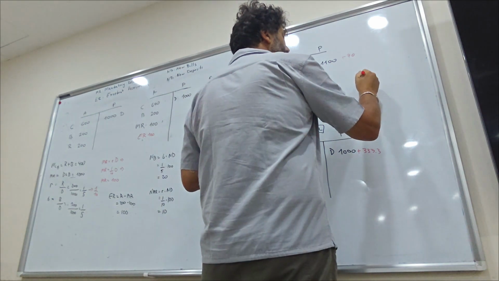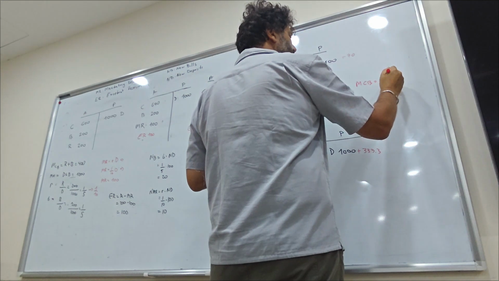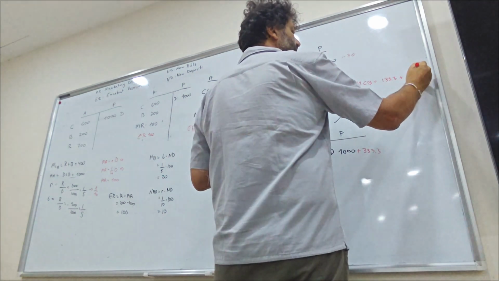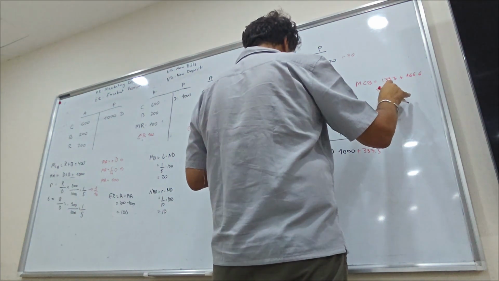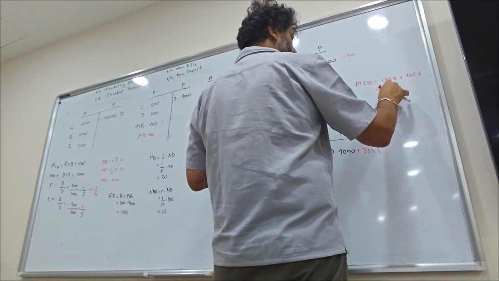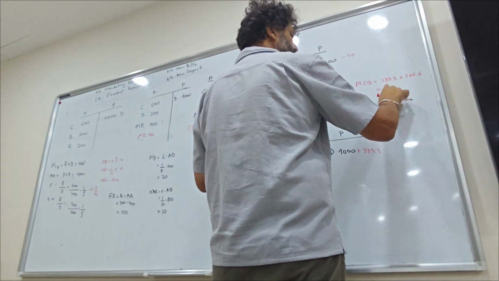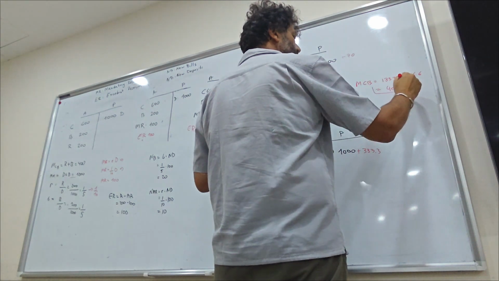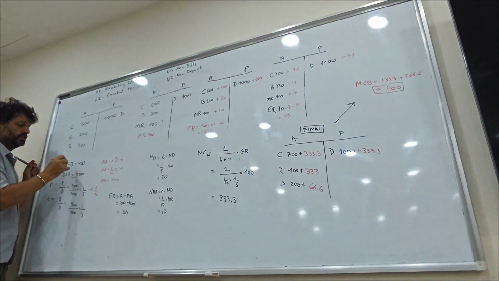The central bank money is equal to 133.3 plus 166.6, which is equal to 266.6, which is equal to 500. So it's exactly the same as here, guys. It didn't change.